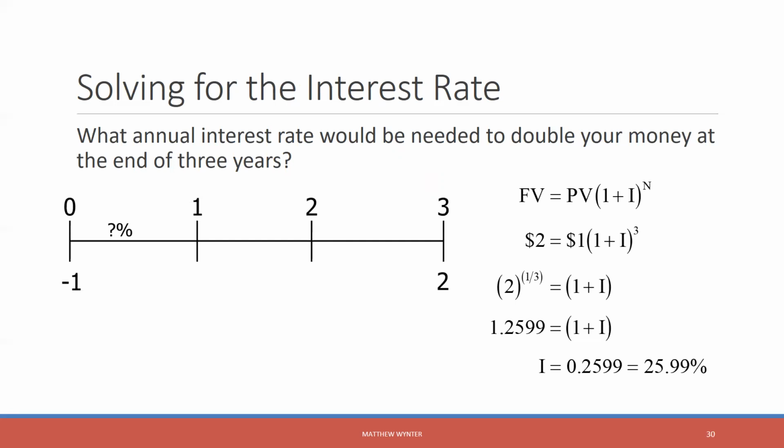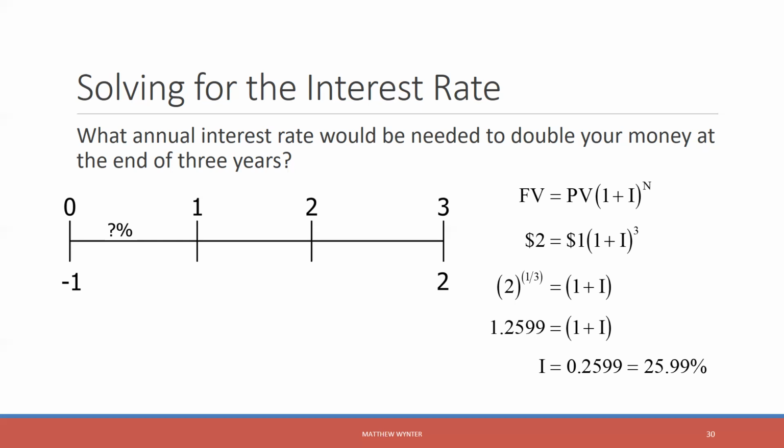Okay, so I know my future value and I know my present value. I also know how long I want to invest. I know my time horizon. In this example, we said it was going to be 3 years. Cool. The only thing that I don't know is my interest rate. I don't know the rate of interest that would be necessary in order for me to find that. So what do I do? I set up my present value, future value formula. I plug in my 2, my 1.